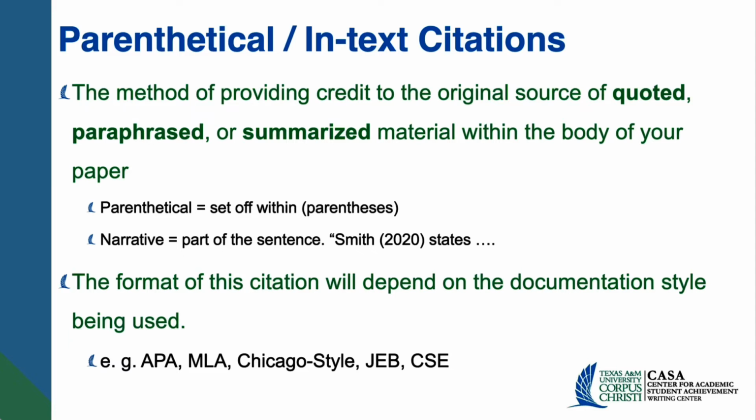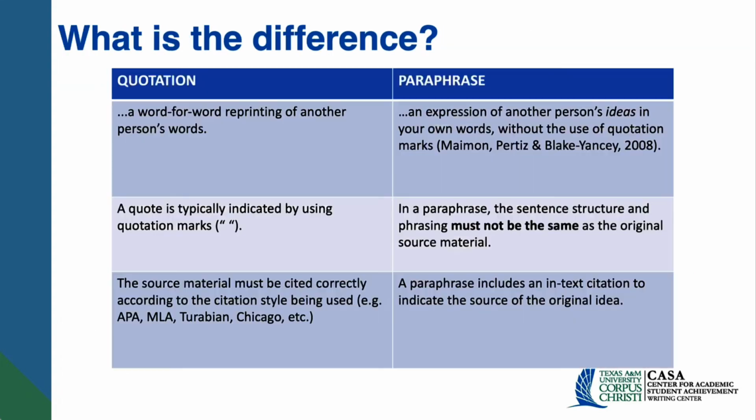For example, Chicago has two different types of in-text citations, one being footnotes, one being author and date. IEEE uses a superscript number. Well, you get the idea. Take a moment to pause and read through this particular chart. It explains to you the difference between a quotation and a paraphrase.